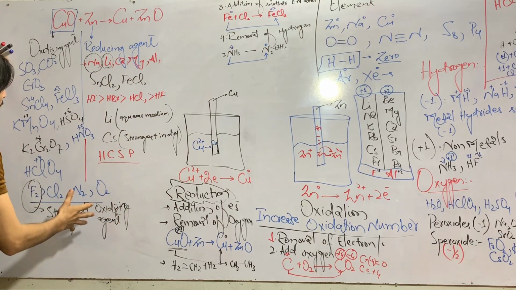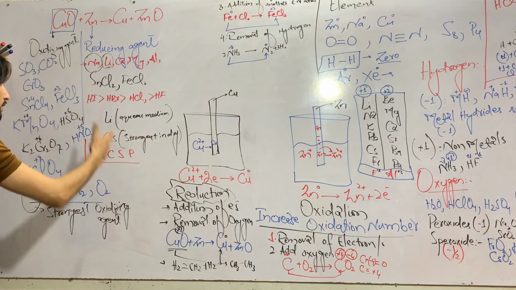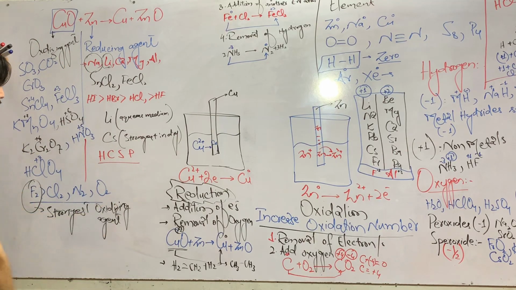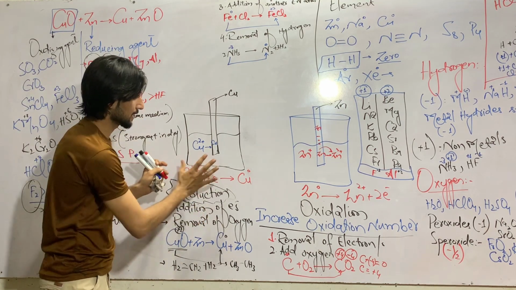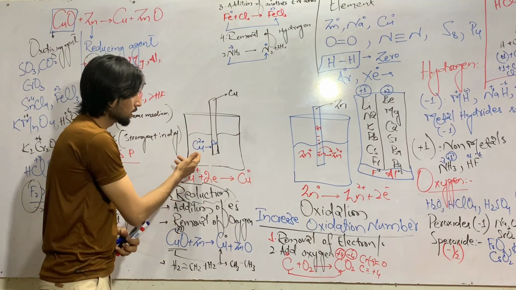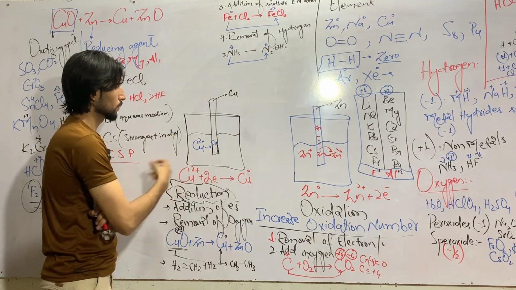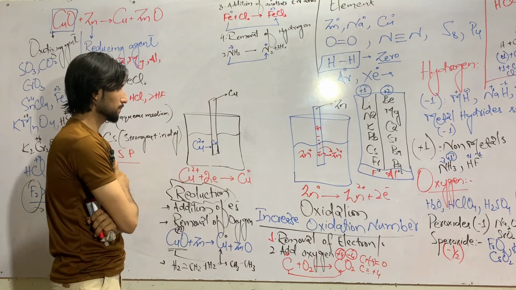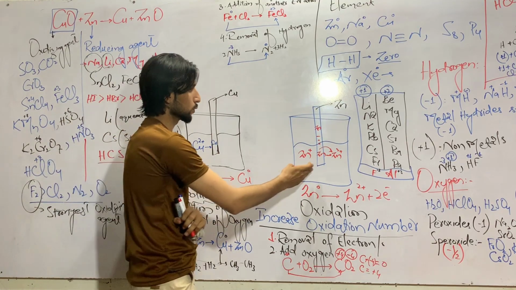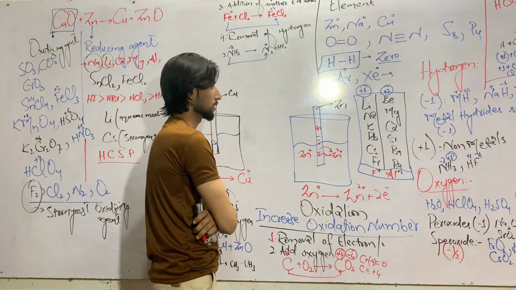But what about plotting a chart of these oxidizing and reducing agents and finding their affinity, the value of their being oxidized or reduced? I will take this as an example. Copper is able to draw electrons and be reduced. Zinc has the ability to leave its electrons and be oxidized.